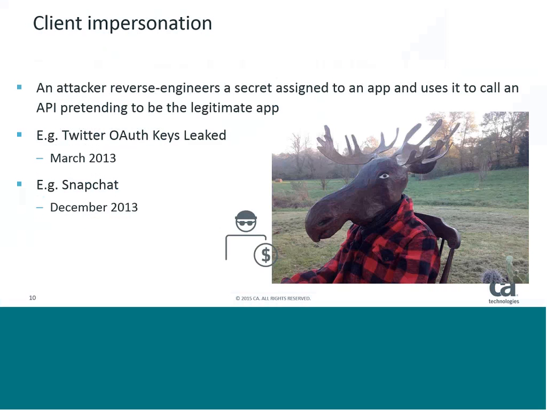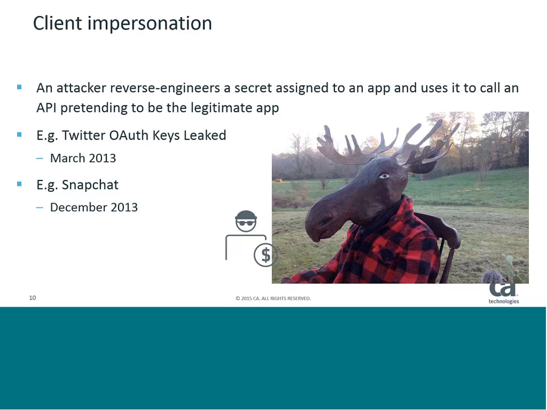Client impersonation is an area where an attacker primarily understands what the secret is that is assigned to a particular app. This could be an OAuth key, and once they discover the OAuth key, then they could pretend they are a legitimate app and make some calls. For example, in 2013, this happened with Twitter, where the OAuth keys that the Twitter developers were using were published on GitHub.